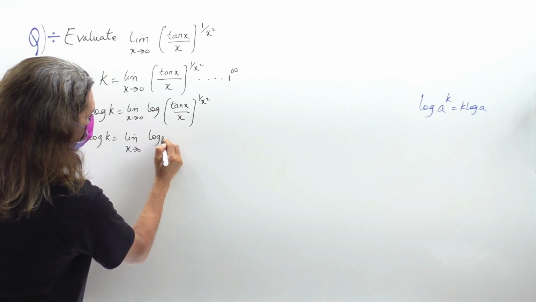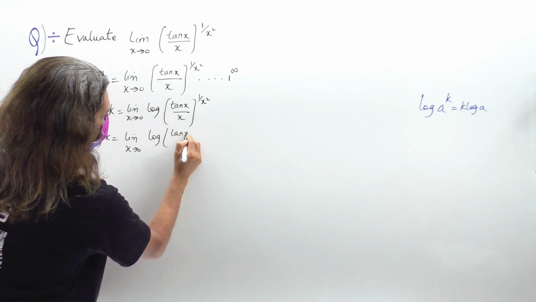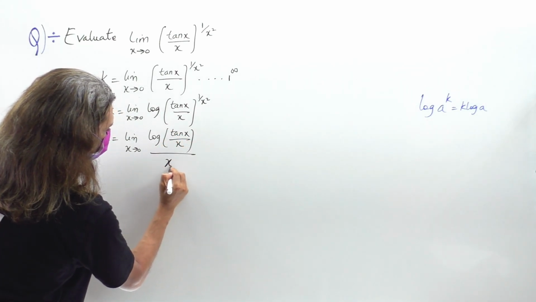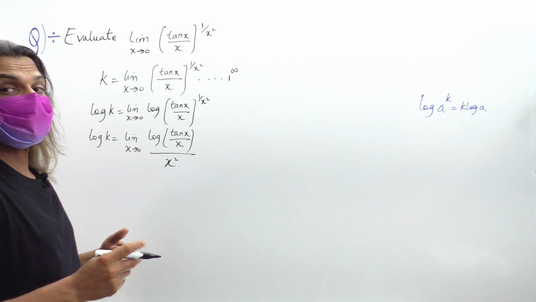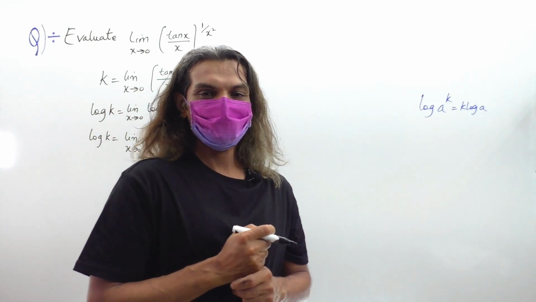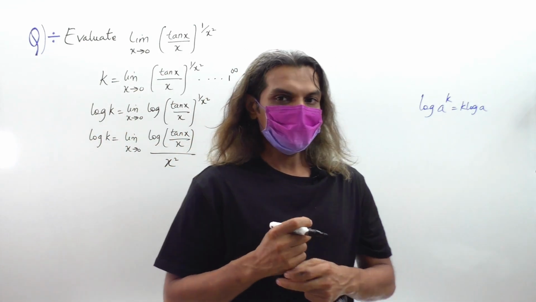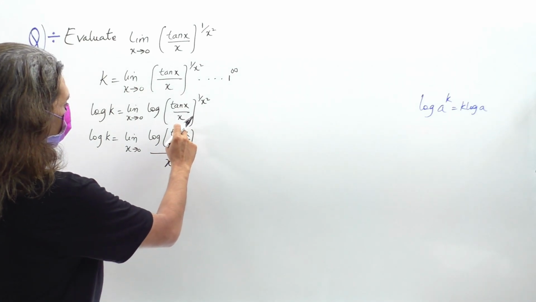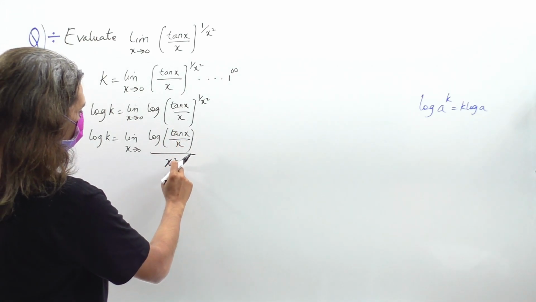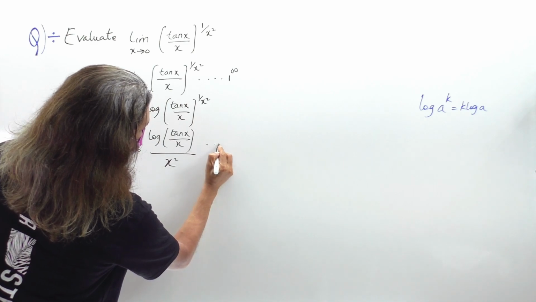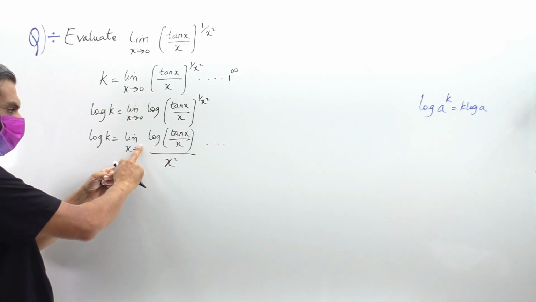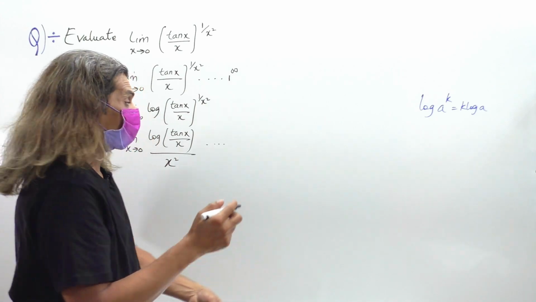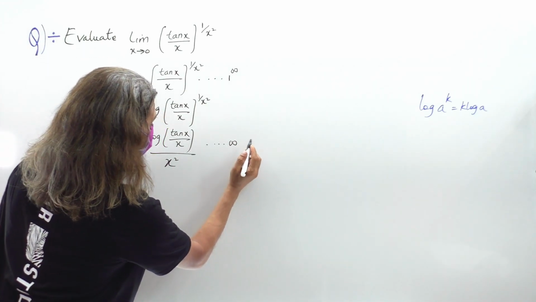This will be log of tan x by x into 1 by x squared, that is, upon x squared. So, we got a fraction form here now, for which you can apply the L'Hopital's rule. Now, let us see, apply it.